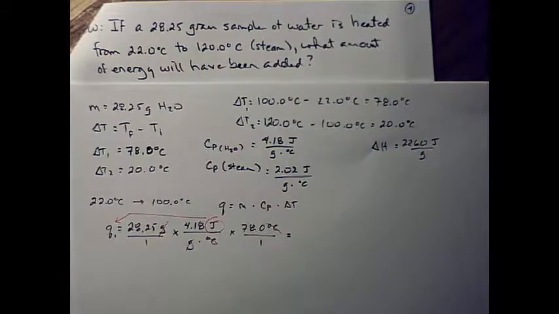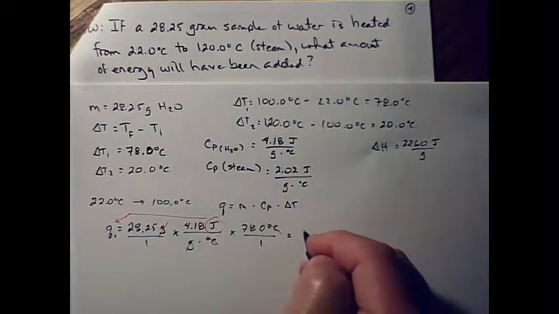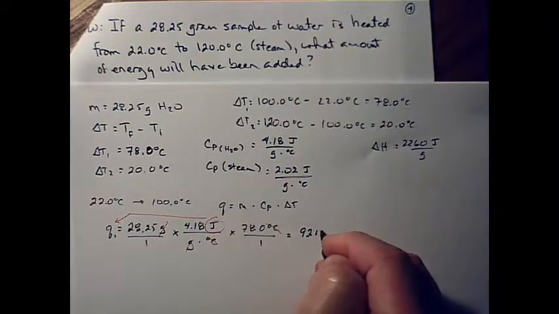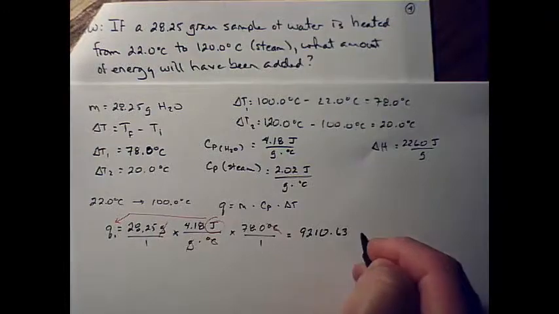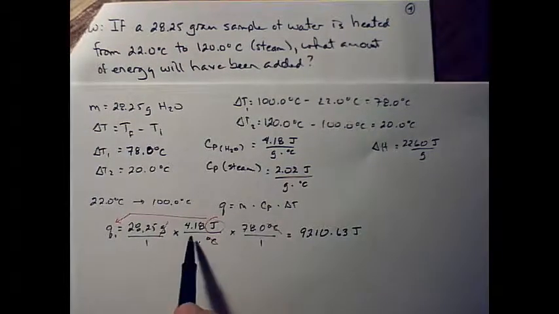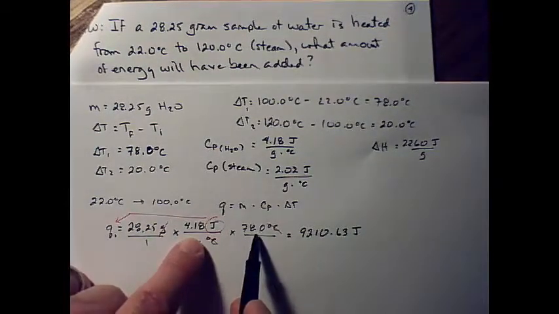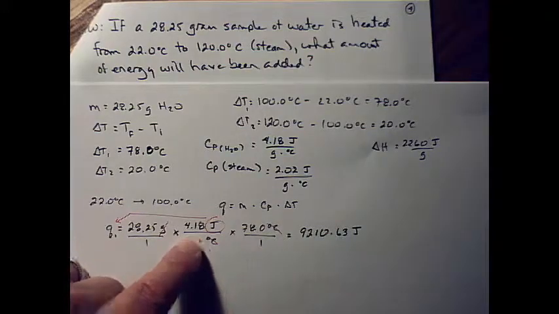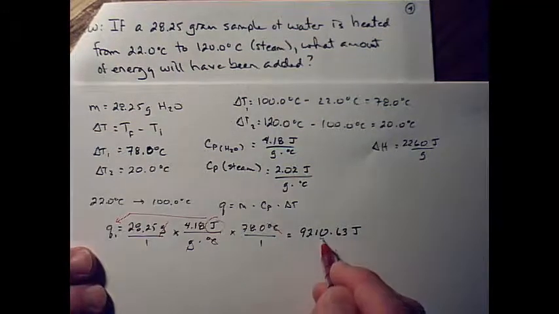So 28.25 times 4.18 times 78.0, and I get 9,210.63 joules. We need to round it off to 3 digits because these 2 calculated numbers have only 3 digits. So we're going to underline from here over 1, 2, 3 digits. Those are going to be rounded off.